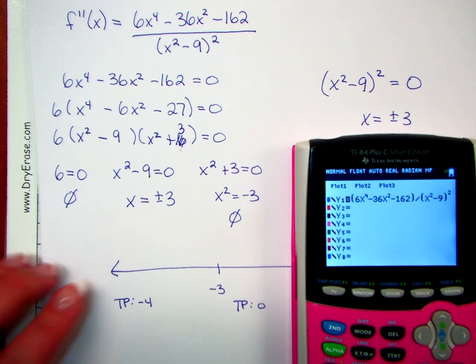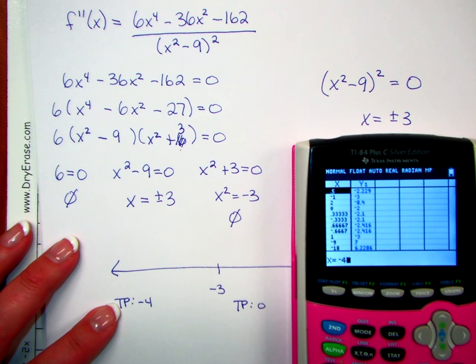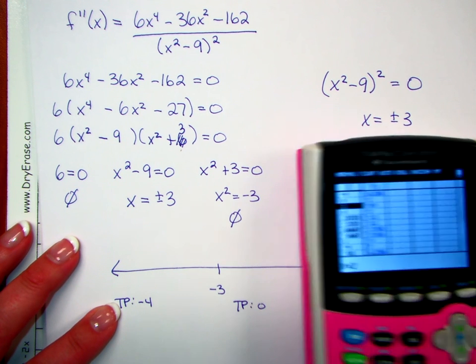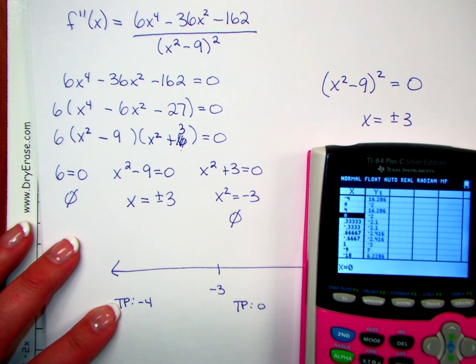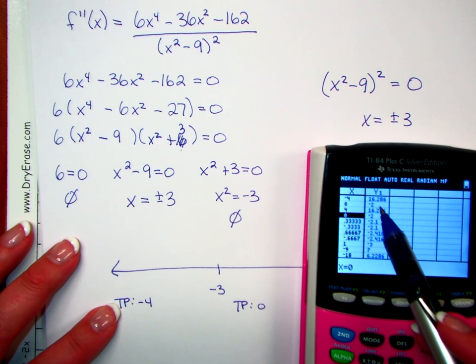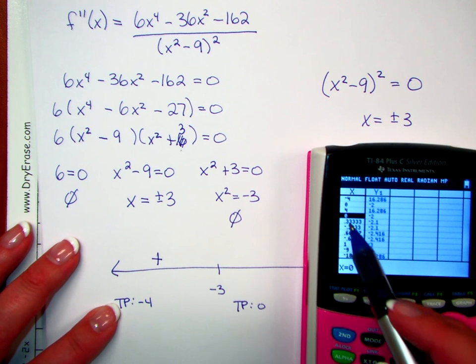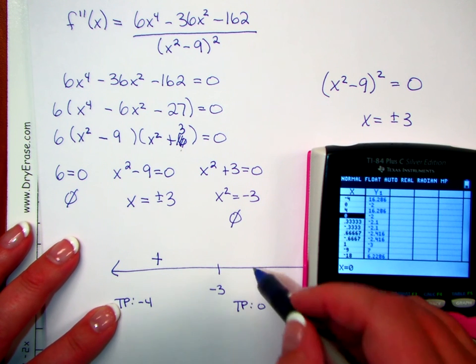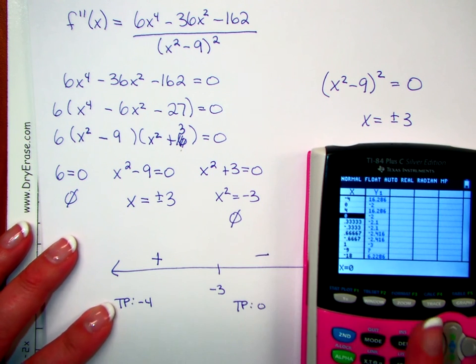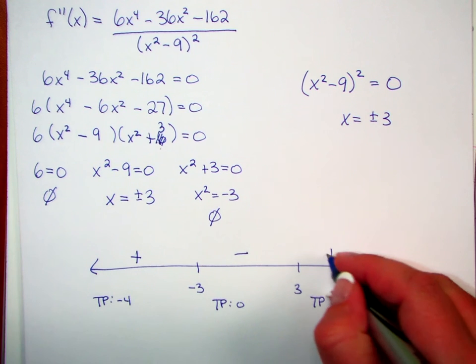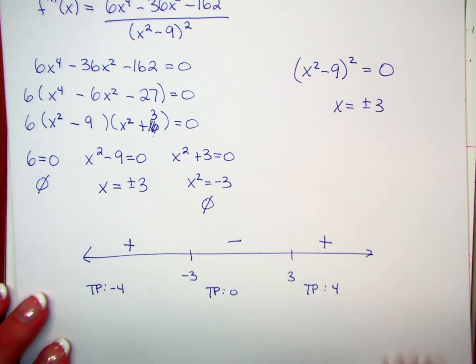Okay. And then I'm going to use my table to evaluate these at my test points. All right, so at negative 4, I get the second derivative is positive 16. At 0, the second derivative is negative 2. And at 4, it's a positive 16 again. So we have positive, negative, positive.